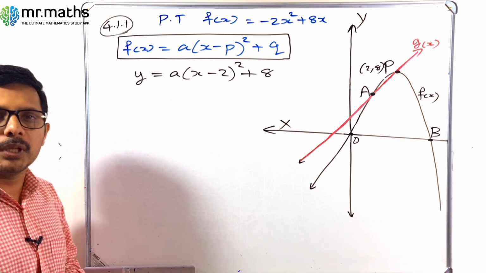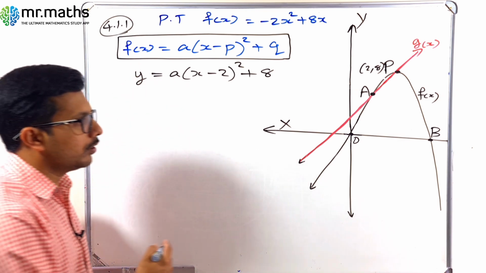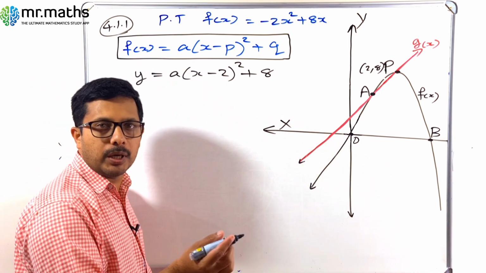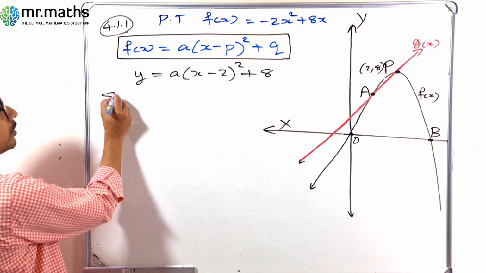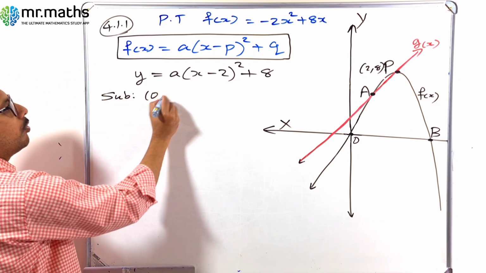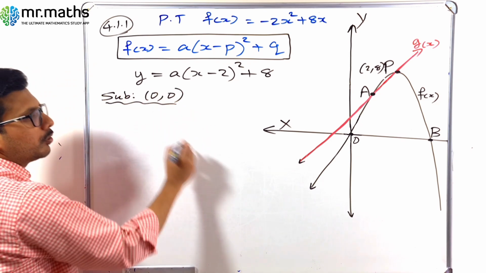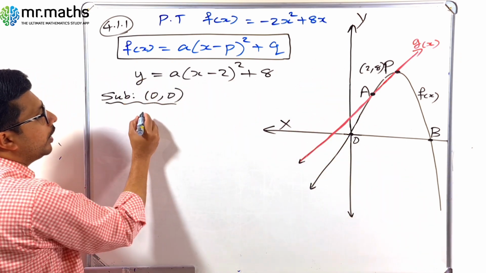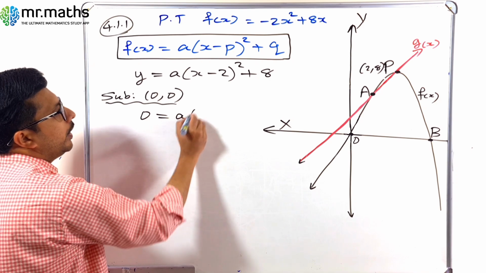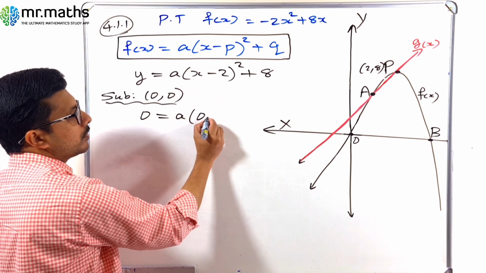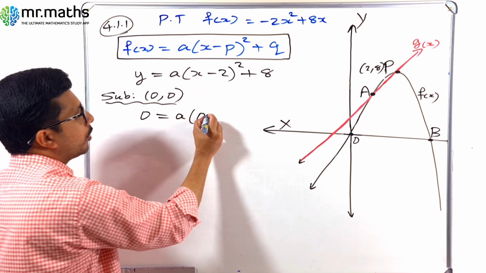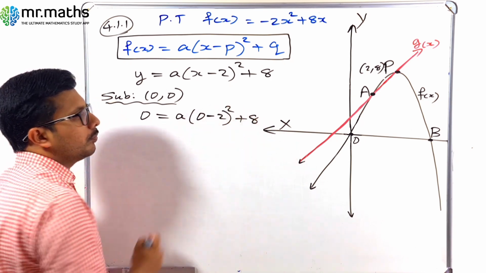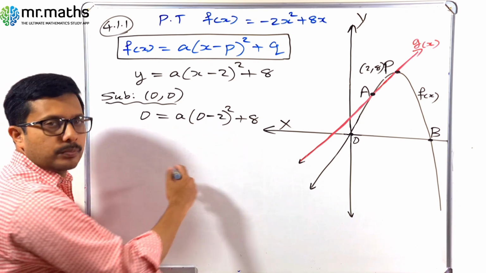So how can we find the value of a? We have to substitute any other point on that parabola. So look at this point. It's the origin, that means (0, 0). So substitute (0, 0), because that point is a point on that parabola. So I'm going to substitute y as 0 is equal to a into (x, which is 0, minus 2) the whole square plus 8. Both x and y are 0. 0 minus 2 is minus 2.